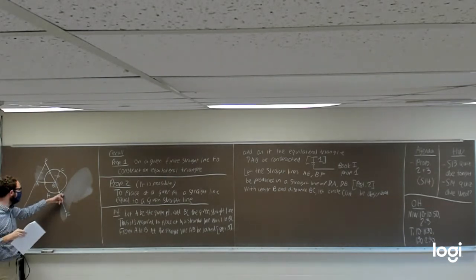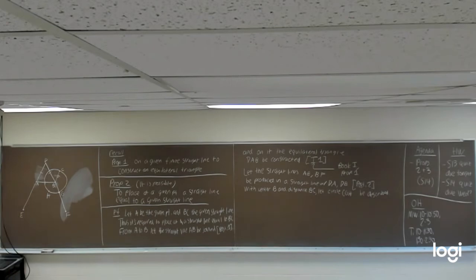We want the point G to lie both on this circle centered at B of radius BC, and also on this line segment going from D all the way down to F, or from B to F as you prefer.